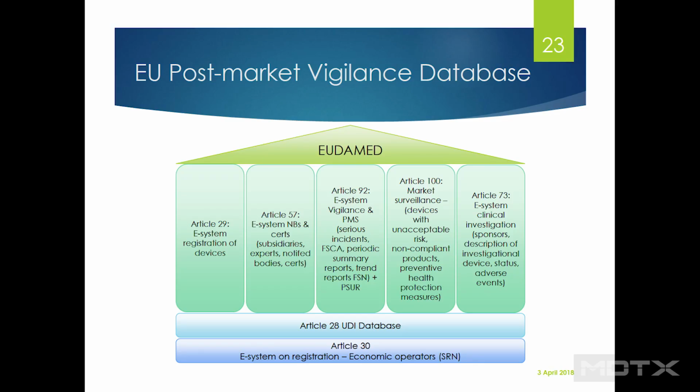EUDAMED. The EUDAMED is the database that's evolving for Europe, and I think that's Article 33 defines that. And it covers all these elements. So this is an example of how referential the European regulation is, right? So Article 33 speaks to Article 29, it speaks to 57, 92, 100, and 73.